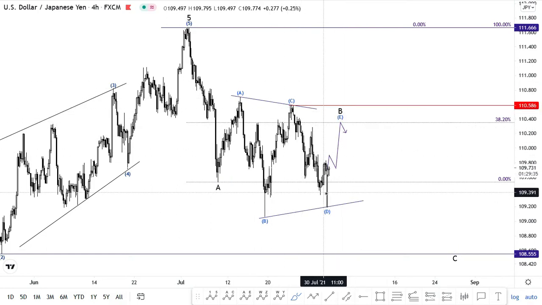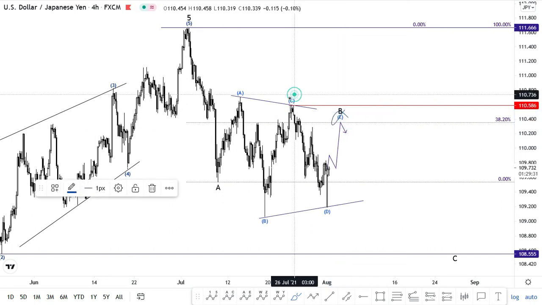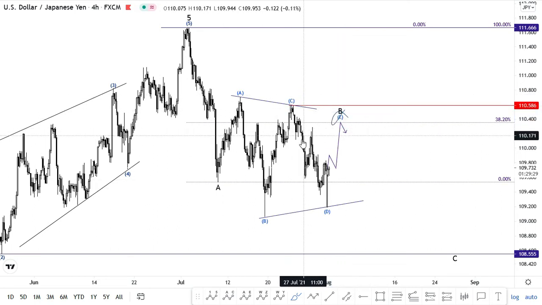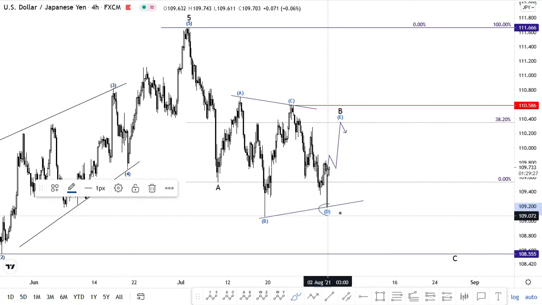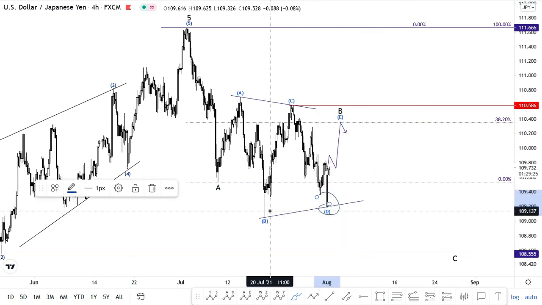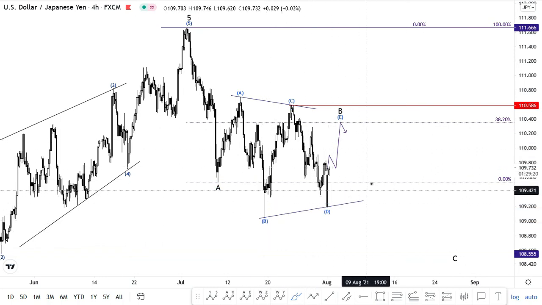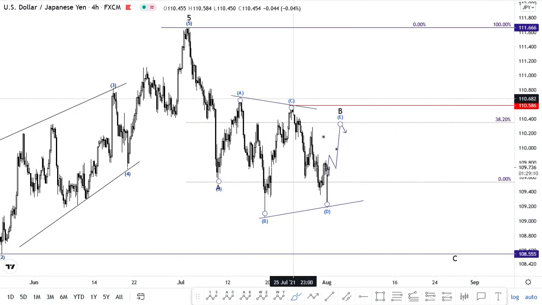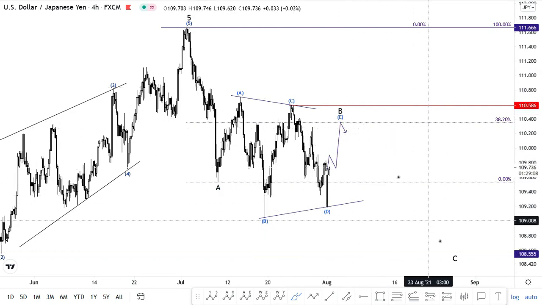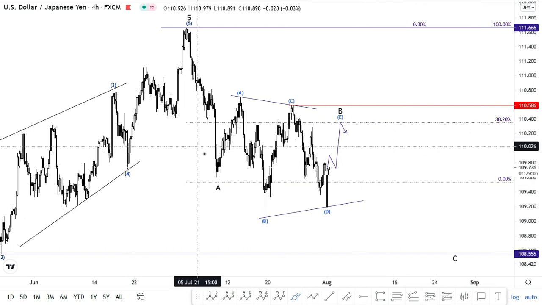So we are expecting a wave E to end below wave C, as wave D has ended just above wave B. It's as simple as that. From now, we can expect a three-wave ABC move to wave E, and then we will see the final wave C move.